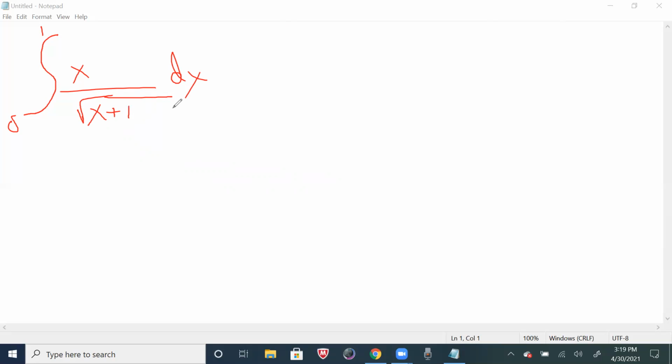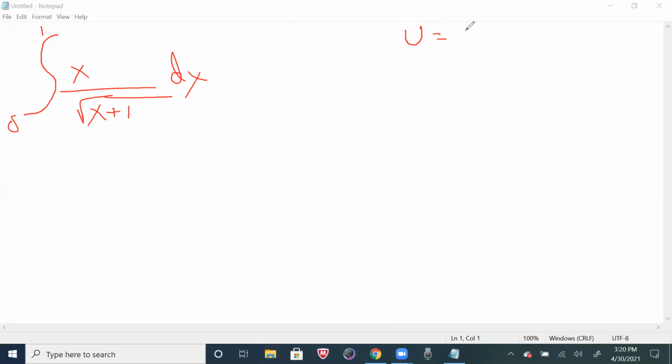It does not fit pattern recognition, because pattern recognition would require that the derivative of the inside is equal to x, and it's not. So this automatically looks like u substitution, change of variable.